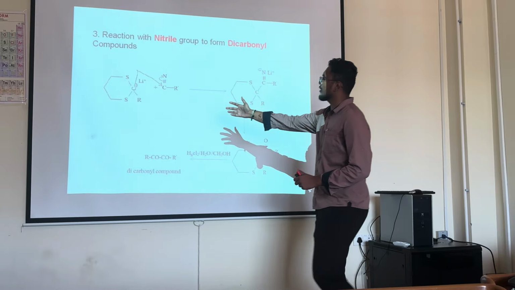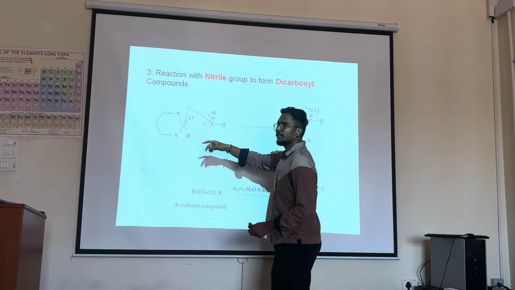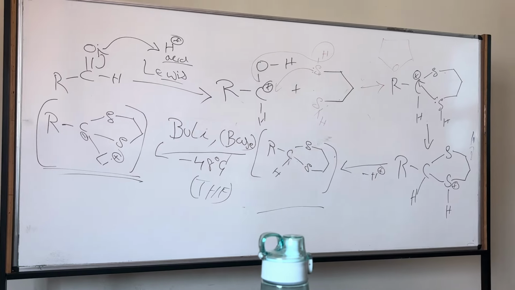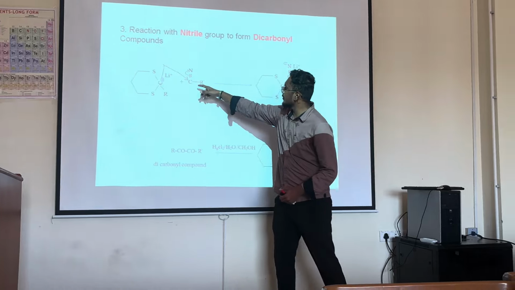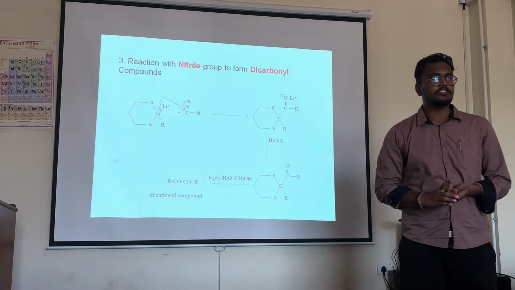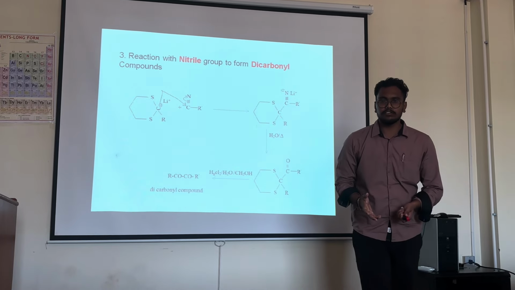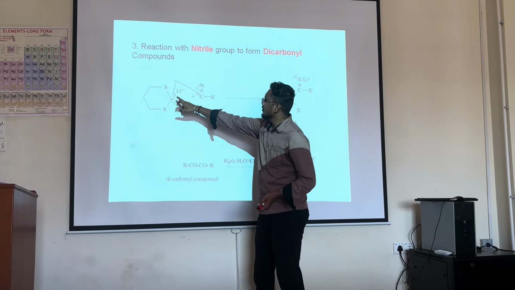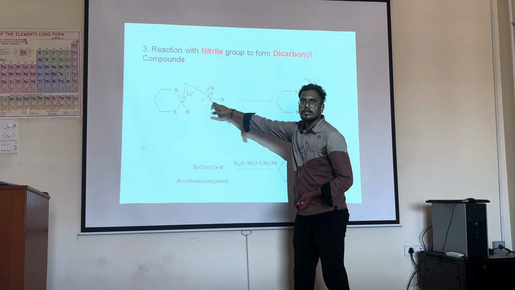Nitrile reacts with lithium reagent, a fantastic reagent. See, polarity exists here between carbon and nitrogen. Which is more electronegative? Nitrogen, as you know. Then one shift here, positive charge found here, negative charge jumps from here to here.